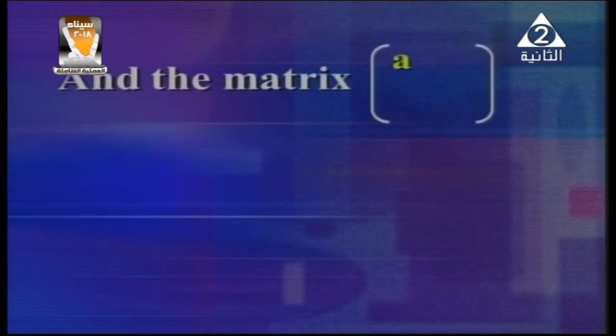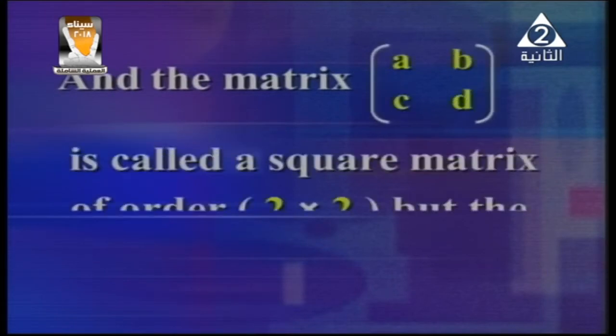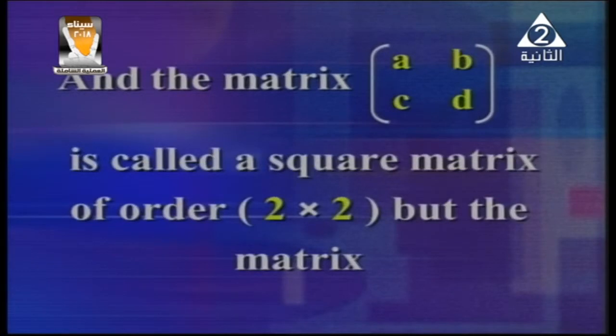And the matrix A, B, C, D is called a square matrix. Why? Because it has 2 rows and 2 columns. 2 times 2 is its order.